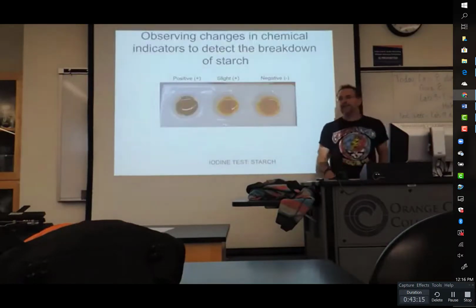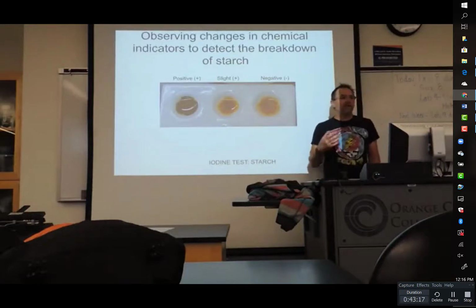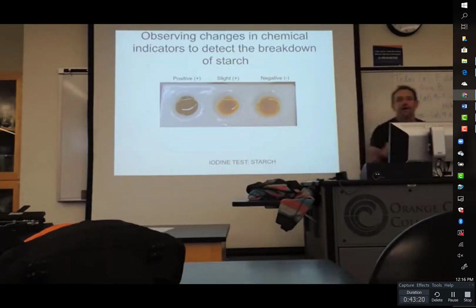So the first test that we're going to do is we're going to test for the presence or absence of starch. And we do that by using something called a depression plate.